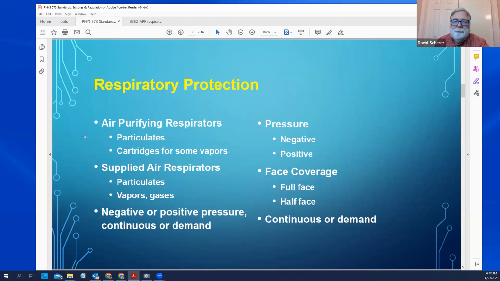There are air purifying respirators that filter the air that's in the environment. Air purifying respirators are what are popularly known as gas masks, typically. They are most useful for particulates. There are filters of very fine size that can remove most particulates.